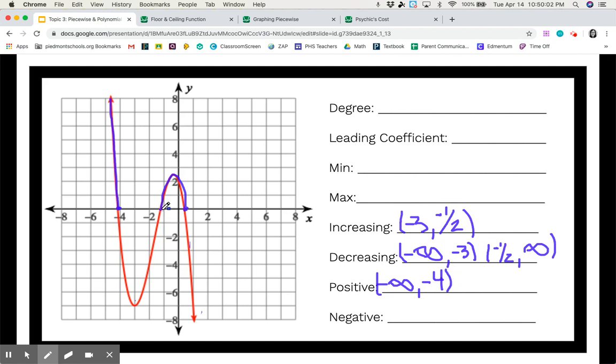And again, starting at, we're just going to say this is about -1 to about +1/2. And then we are negative, starting at about -4, and we stay negative until we get back to that x value of -1.